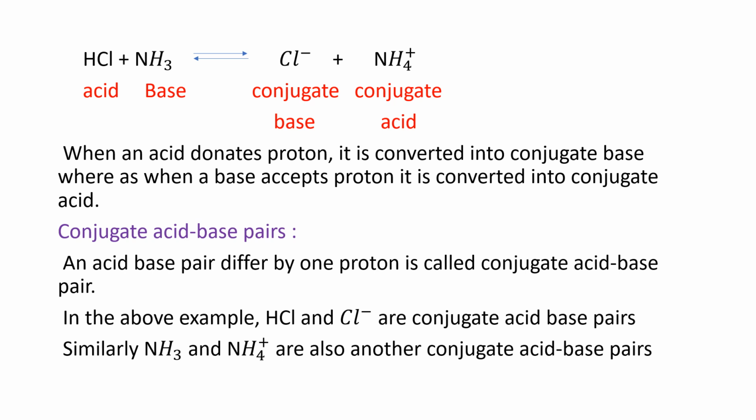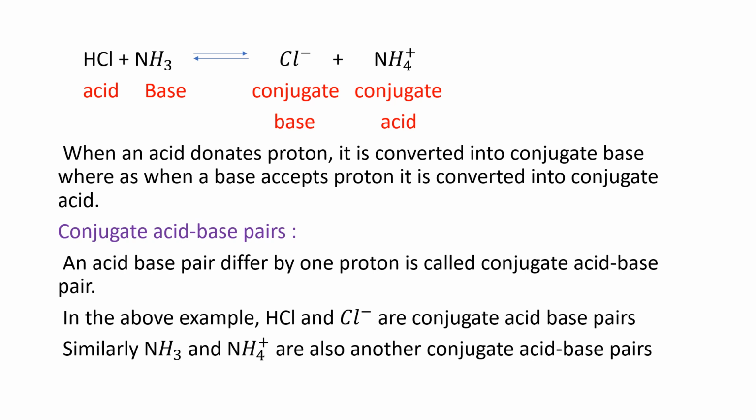For example, in the above reaction itself, we have HCl which is going to convert into Cl minus ion after proton donation. Here, if you compare HCl and Cl minus ion, we can clearly make out that they differ by one proton, isn't it?